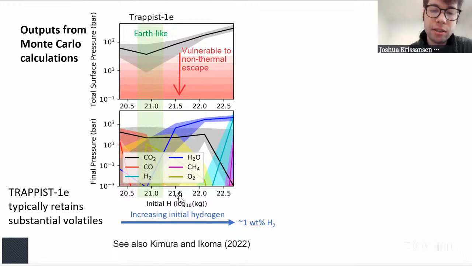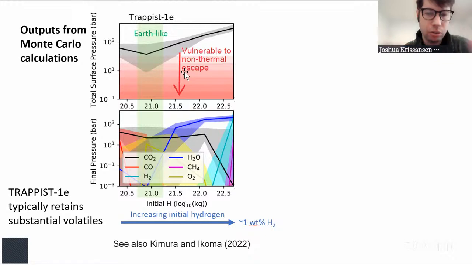On the x-axis here, we have the initial amount of hydrogen accreted by the planet, ranging from something less than Earth-like all the way up to 1% of planet mass. And then on the y-axis, we have the total volatile inventory at the surface after 8 billion years of evolution. And then the bottom panel is showing you the constituents of that surface volatile inventory.